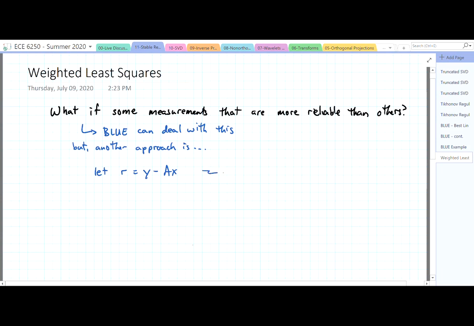We're going to call this the residual, and we want to minimize ||Wr||², which is just equal to ||Wy − WAx||², where W is some weighting matrix.